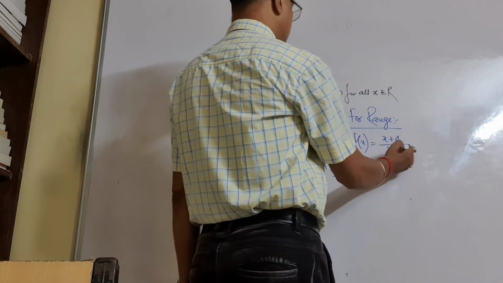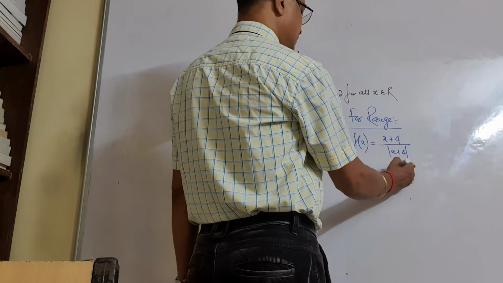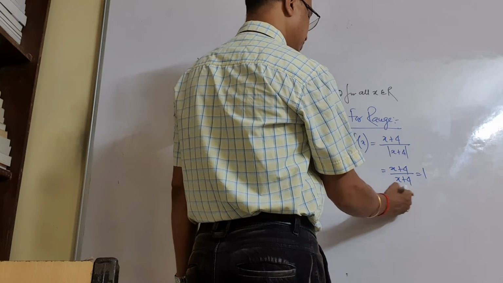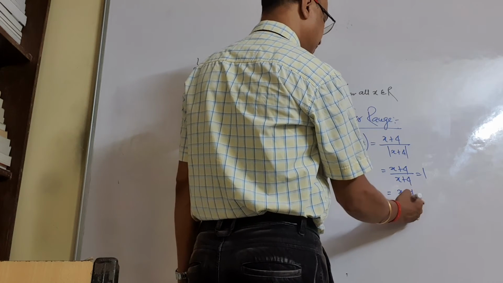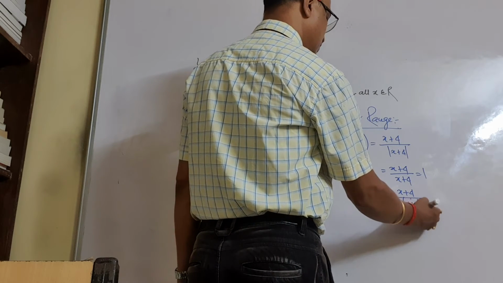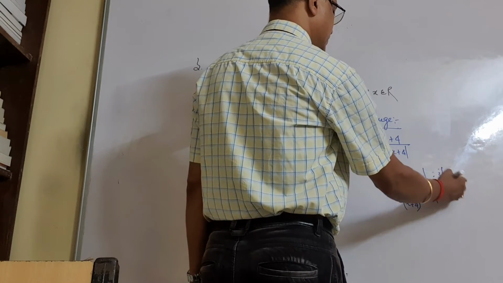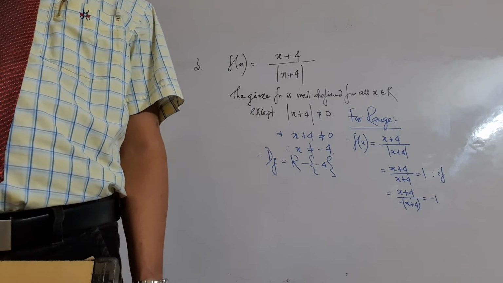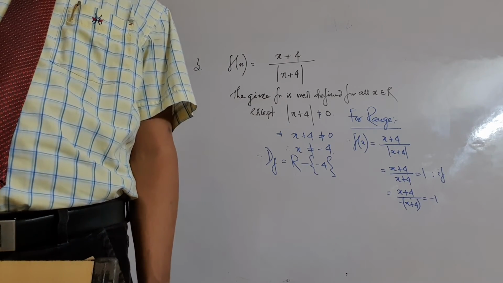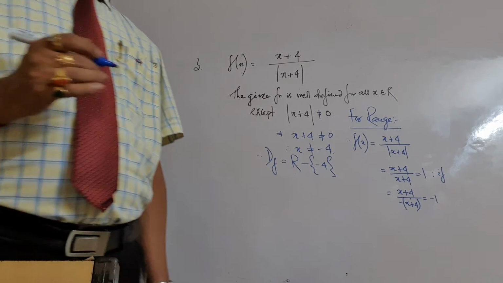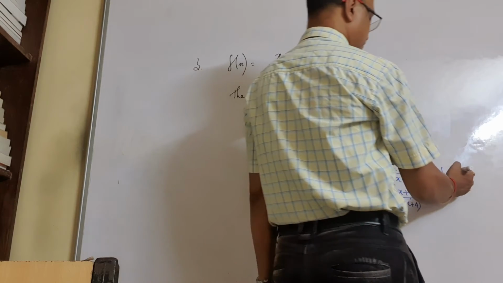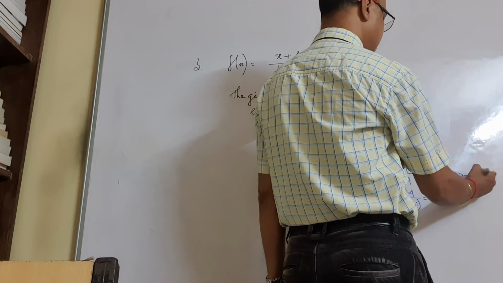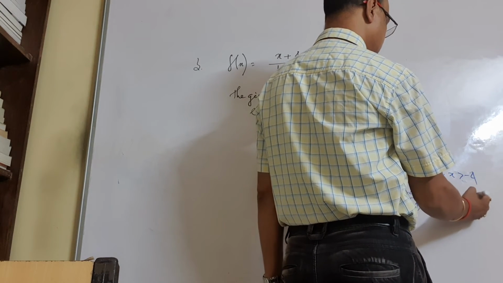So this mod of (x plus 4) can be split as (x plus 4) by (x plus 4), which is equal to 1, or it can be split as (x plus 4) divided by minus of (x plus 4), which is equal to minus 1, under conditions. Mod can be expanded in two ways: one is negative, other is positive. Positive if x is greater than minus 4, and negative if x is less than minus 4.